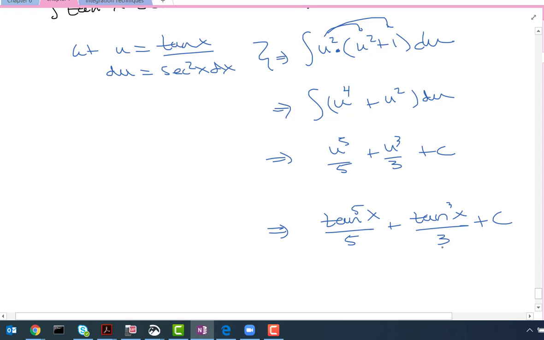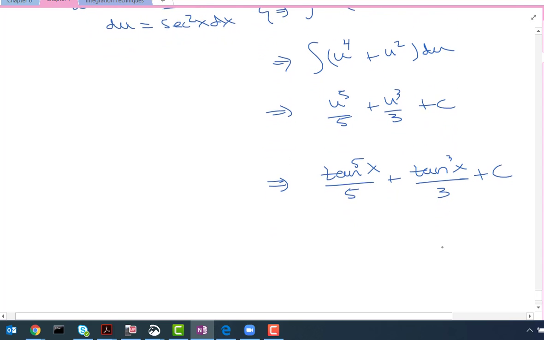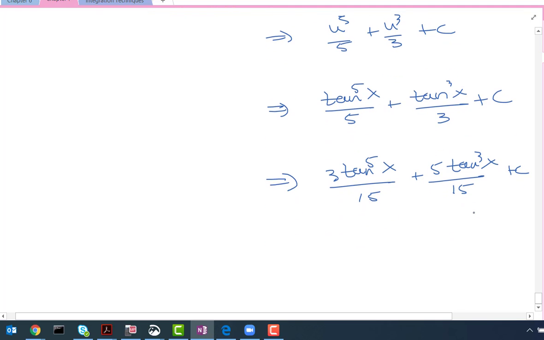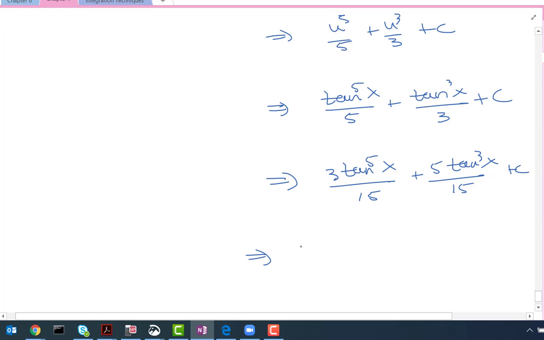If you want to get a common denominator and factor out a tangent cube, you can. So a super simplified version of this would be, common denominator will be 15. So this will be 3 tangent to the 5th x over 15 plus 5 tangent cube x over 15 plus c. And now factor out the 1 over 15 and the tangent cube.